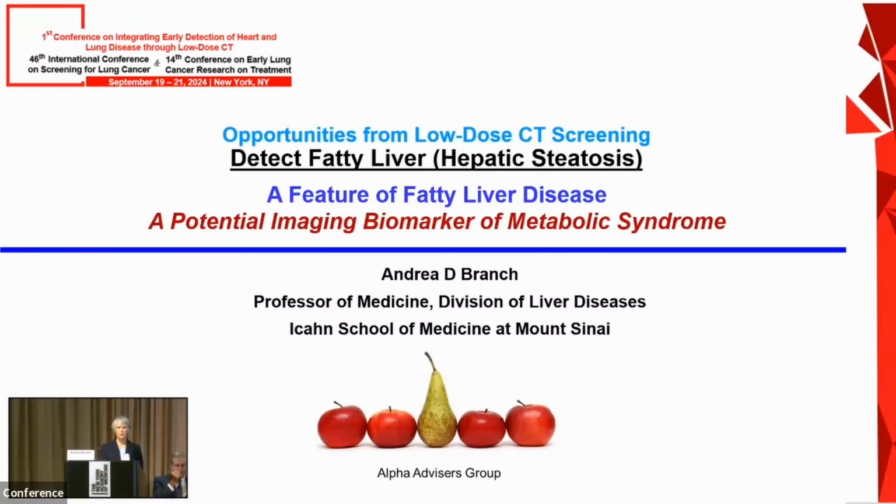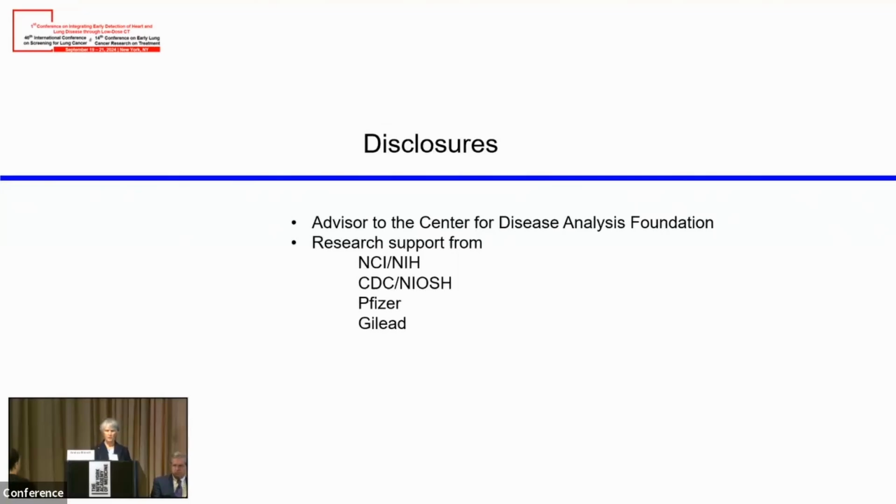And I think it's also a potential imaging biomarker of metabolic syndrome, which I know has been a controversial topic over the years, but I think especially now that we have drugs that can really target obesity and some of the components of metabolic syndrome, it's really time to start thinking about whether we should be looking for imaging biomarkers of patients who are going to be able to benefit from drugs that directly target metabolic disorders in a new way. So I have nothing of interest to disclose.